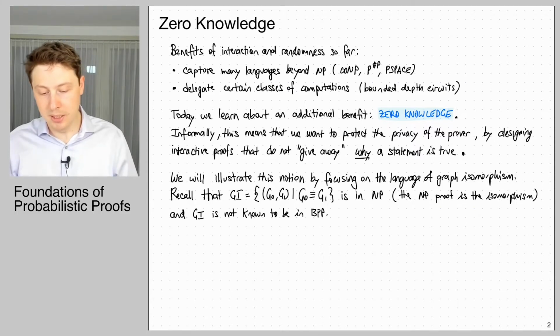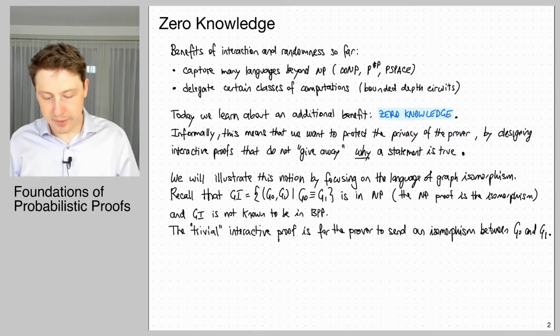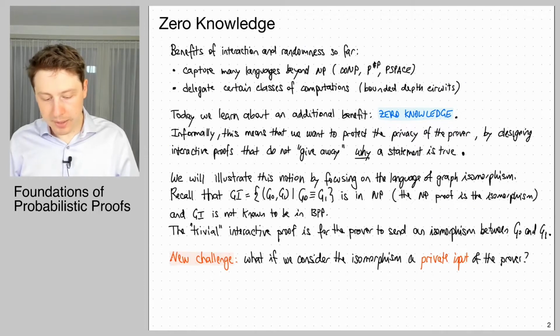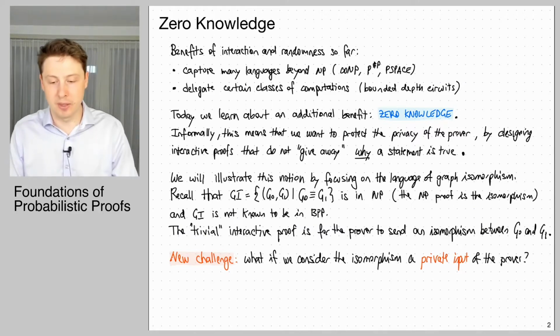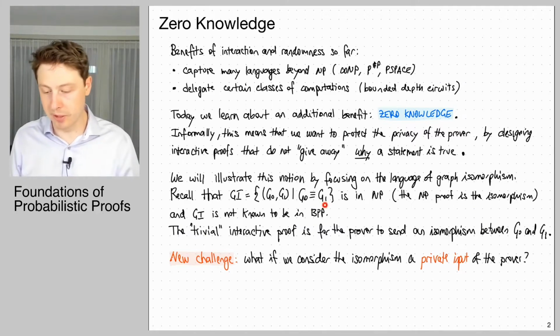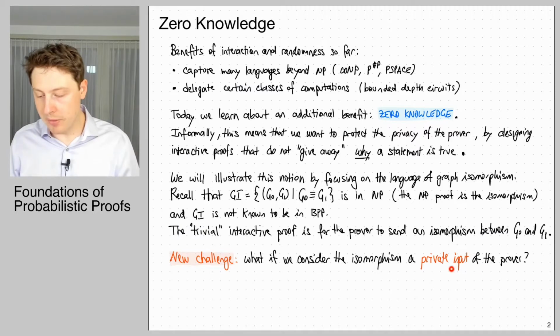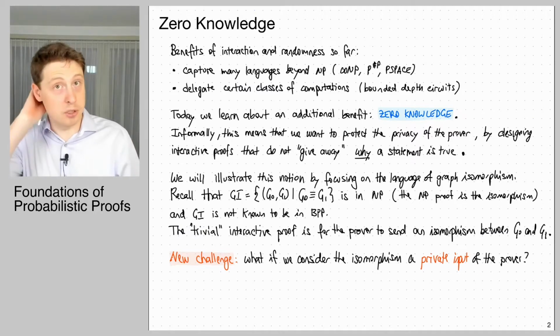But actually today we're going to study graph isomorphism, which is in NP. However, the twist is that now we're going to consider the isomorphism itself, that witnesses the fact that G0 and G1 are isomorphic, as a private input of the prover that is to be protected.